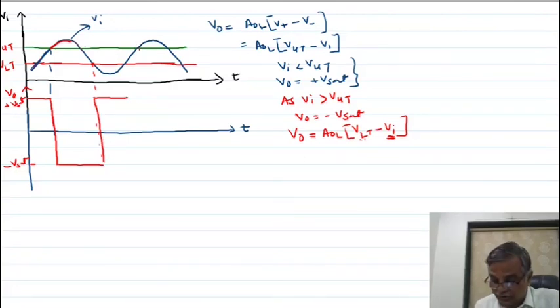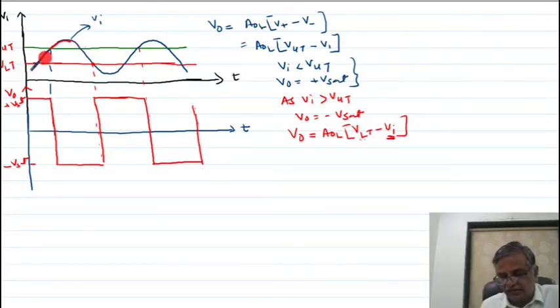So again, at the upper threshold voltage level it changes state. While the signal increases, the circuit triggers at the upper threshold voltage level. While decreasing, the circuit triggers at the lower threshold voltage level, due to hysteresis.